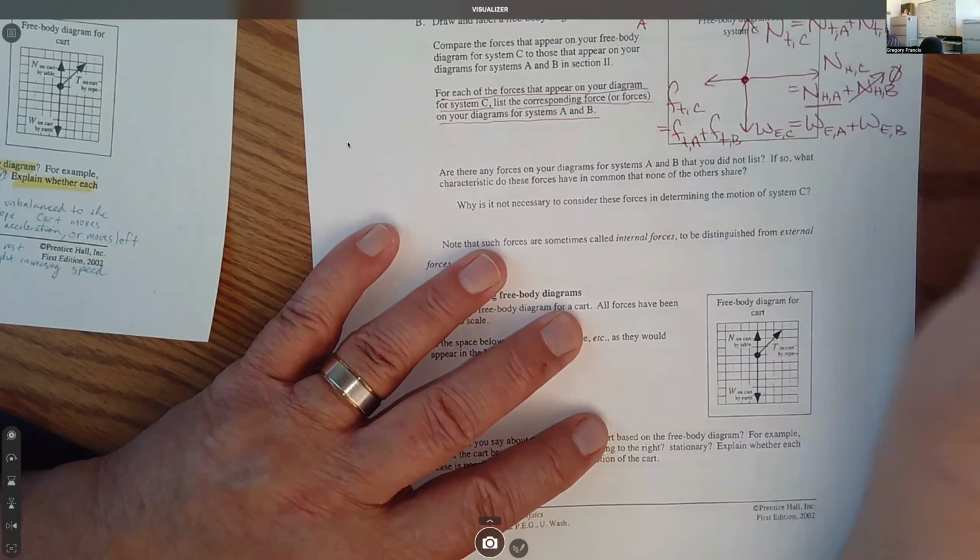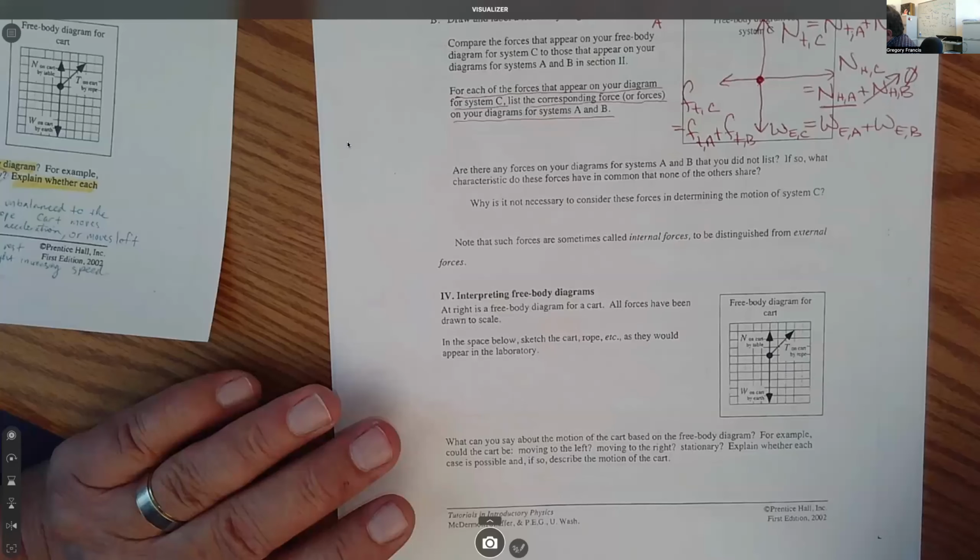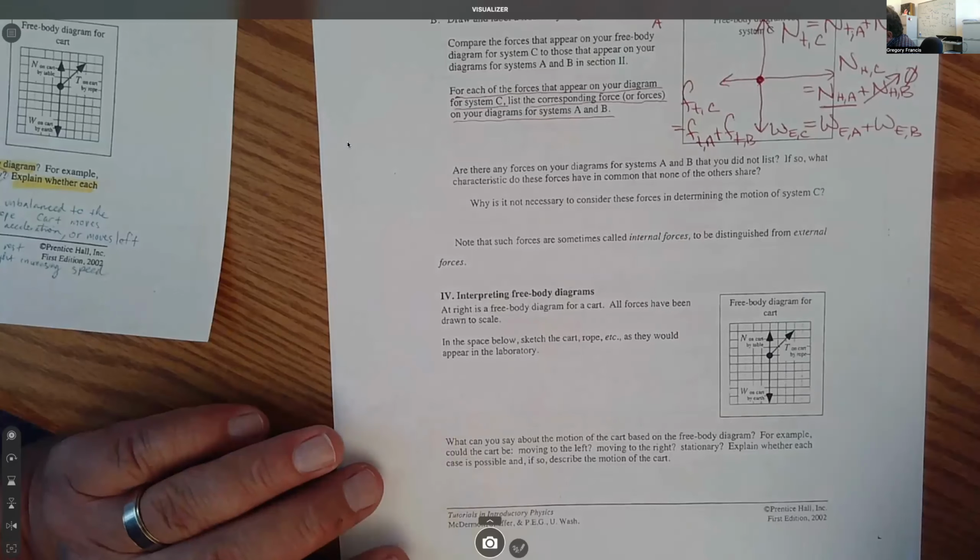So the normal by the hand on C is just what we had on A before.